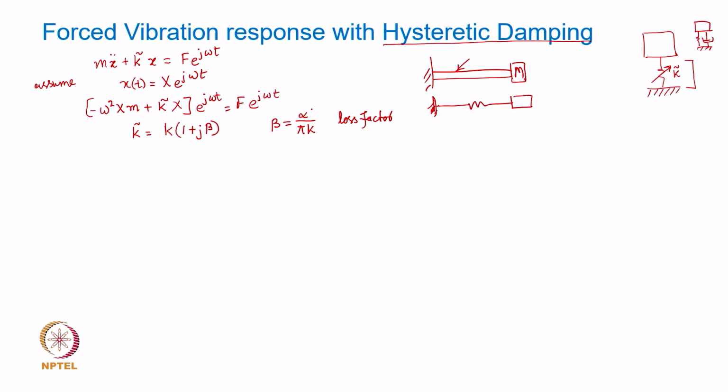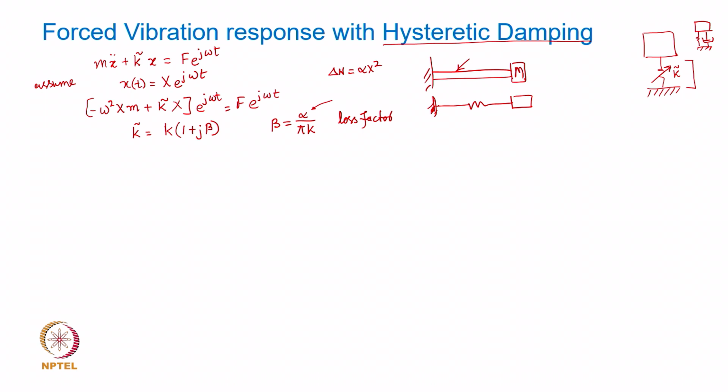Alpha is the constant of proportionality when we said that delta W is proportional to the square of the amplitude. You remember delta W in a structural damping case was proportional to the square of the amplitude, and alpha was taken as the proportionality constant. So, this alpha is appearing here. So, this is what the complex stiffness is in the case of structural damping or material damping or hysteretic damping.